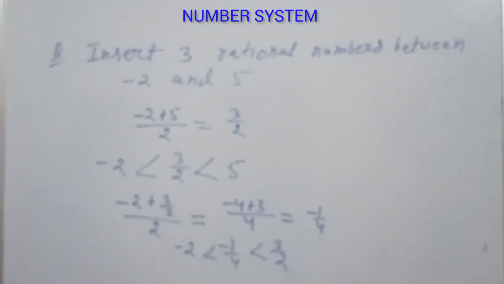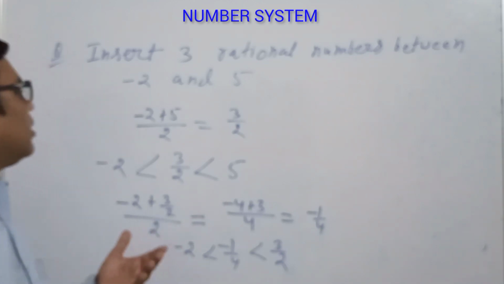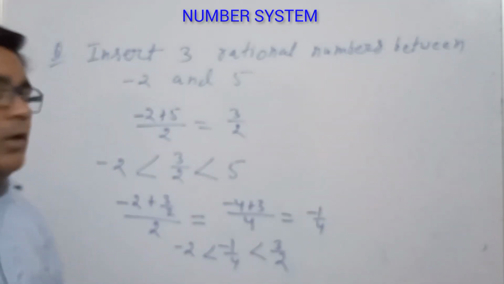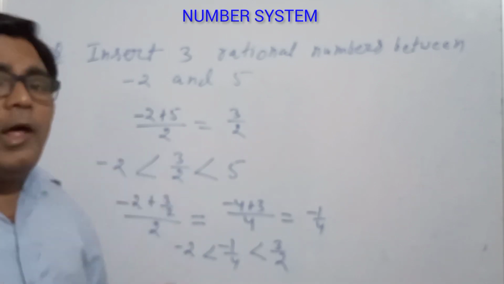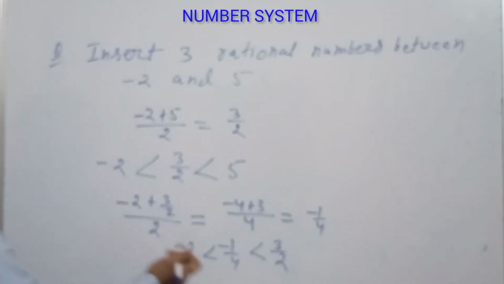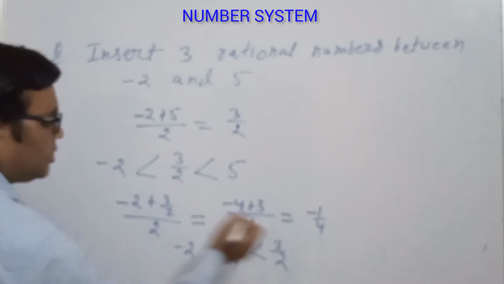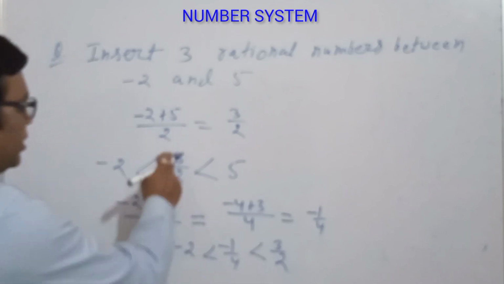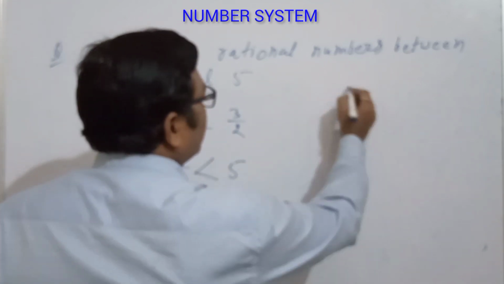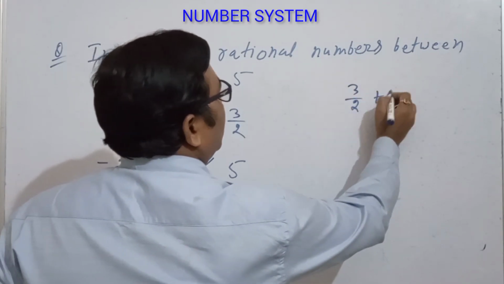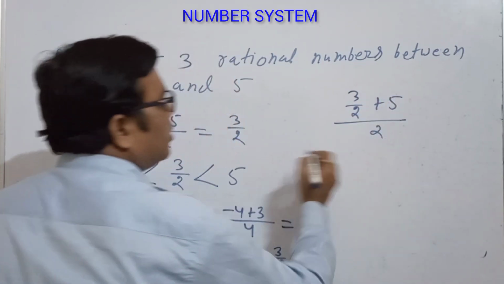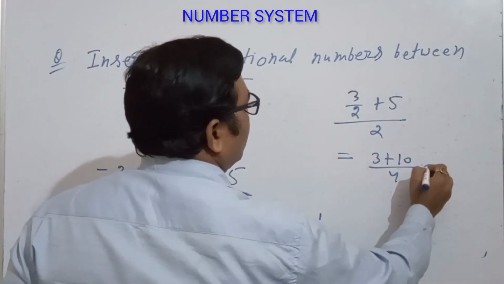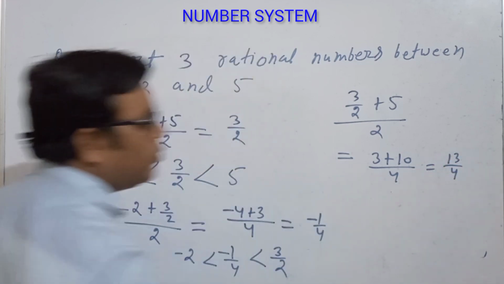There are so many methods to insert rational numbers between any two rational numbers. So this one is the first method. How can we insert more than a single rational number? So -2 less than -1 by 4 less than 3 by 2. Once more we have to find another rational number between 3 by 2 and 5. So we will write 3 by 2 plus 5 by 2, is equal to 3 plus 10 by 4, is equal to 13 by 4.